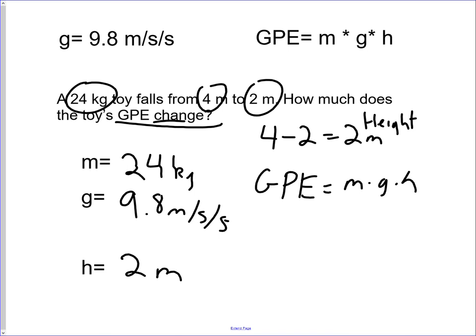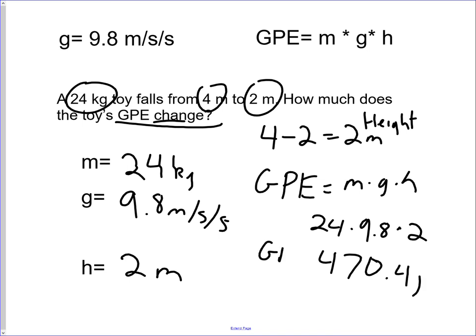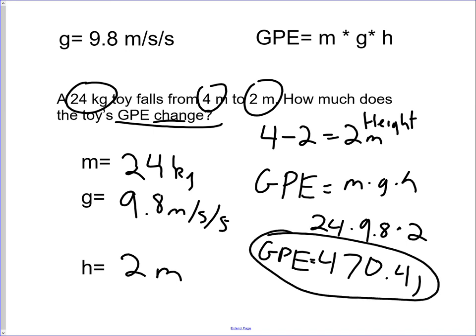My mass is 24, my gravity is 9.8, and times 2. So I plug that into my handy dandy calculator, and I get a total of 470.4 joules, and I'll put my GPE equals, and that's my answer, right? Put my little J there, make it look a little bit nicer.